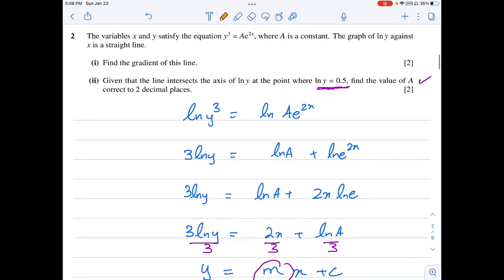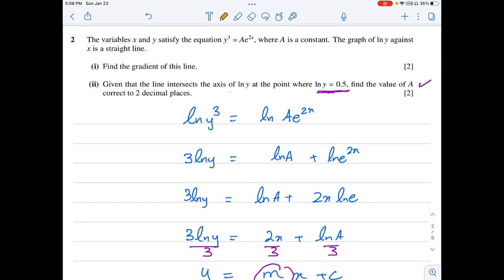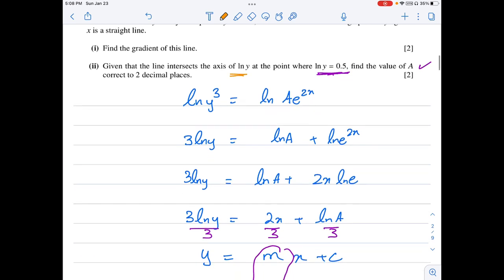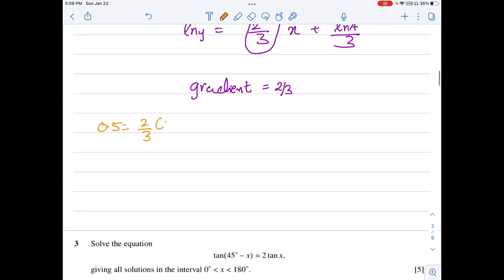It intersects the axis of ln y, so on the axis of ln y the x value has to be equal to 0. So ln a is equal to 3 times 0.5, a is equal to e to the power of 3 times 0.5.